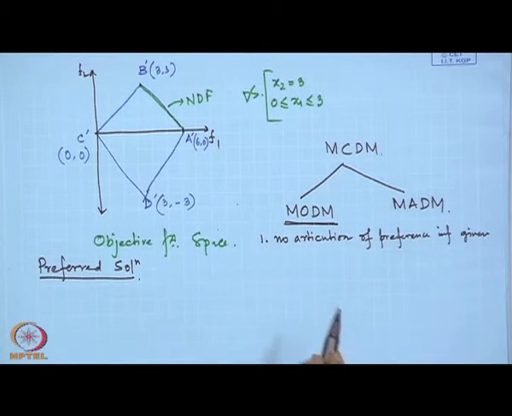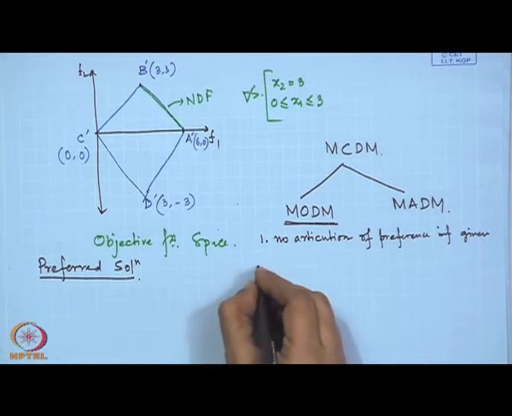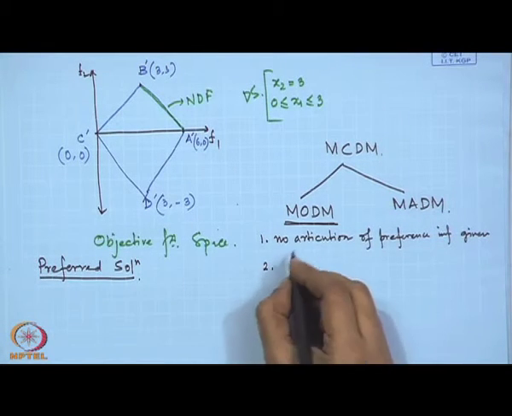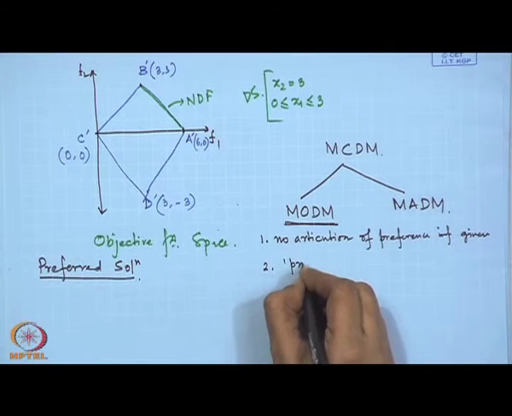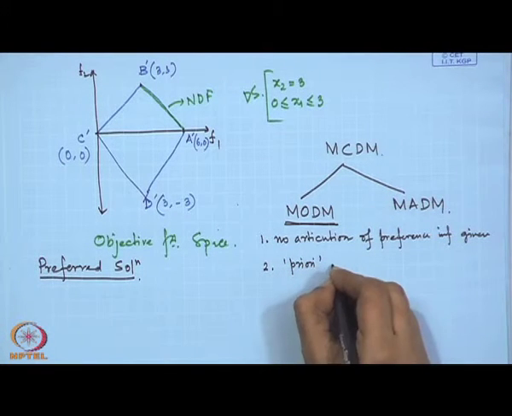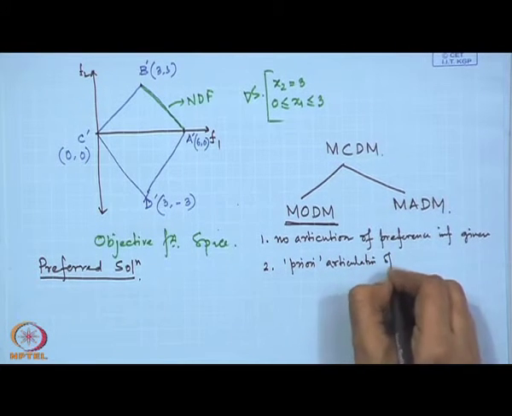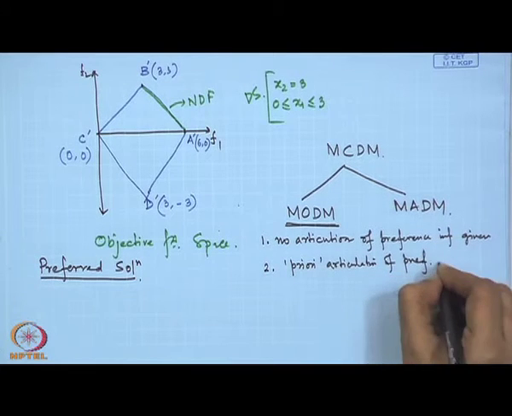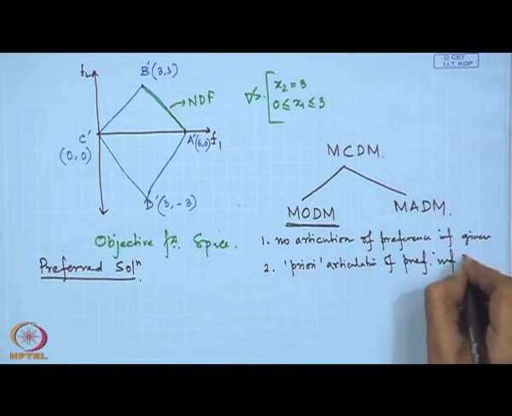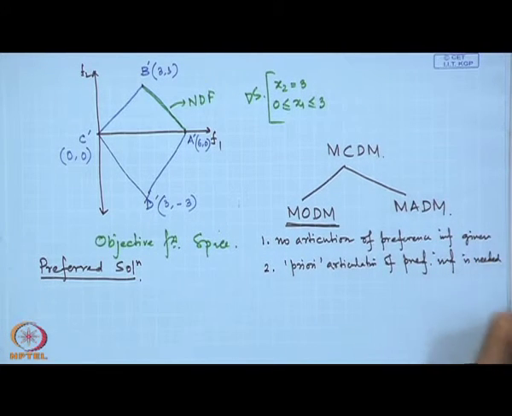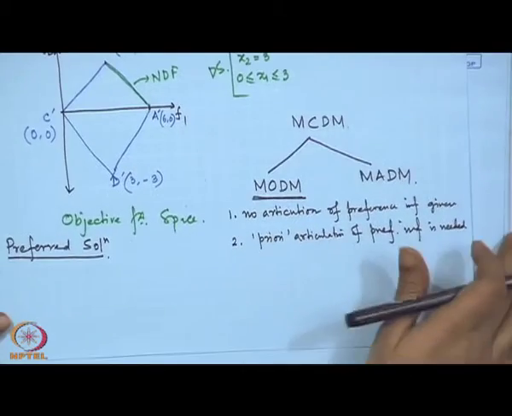There are a few techniques within this type. The second type is where prior articulation of information is there. Preference information is needed. There are a few techniques of this kind.